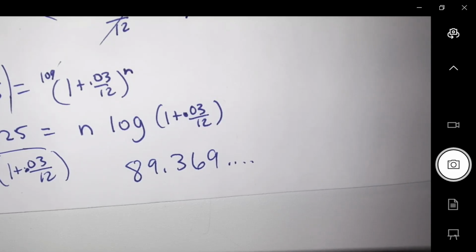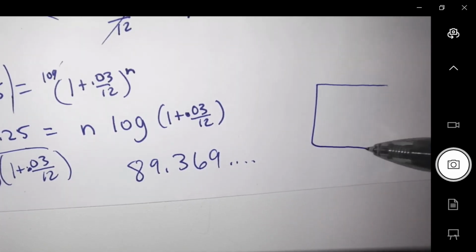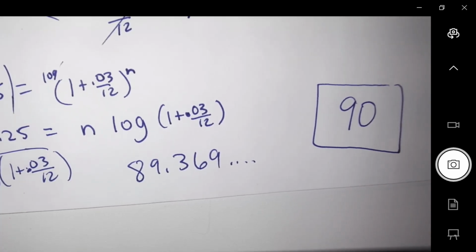So on my calculator, I'm getting 89.36 and so on. Everybody matching that number? But how should I answer this? How many pay periods is it going to take me to get to that money? It's going to take me 90 payments. Okay? 89 full payments, and then one other payment, which is not even $100.